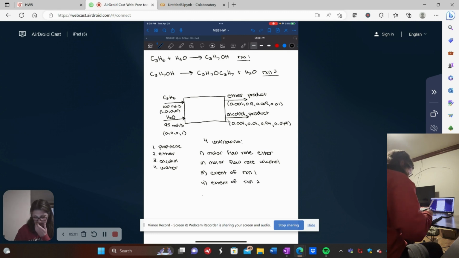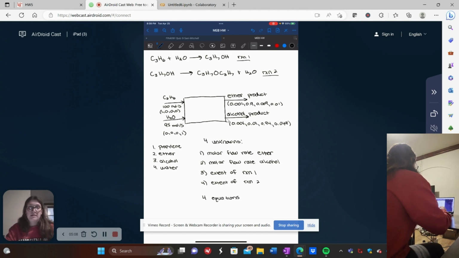And then we also have 4 equations that relate the inputs and the outputs, and this is based on the number of components, which is 4.